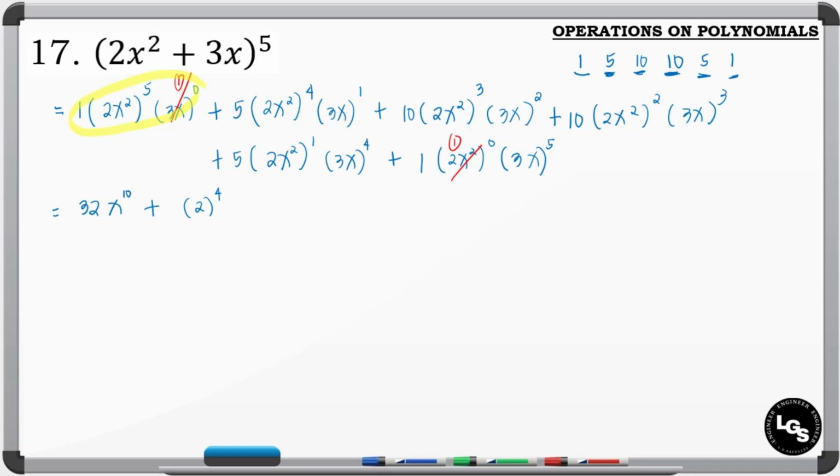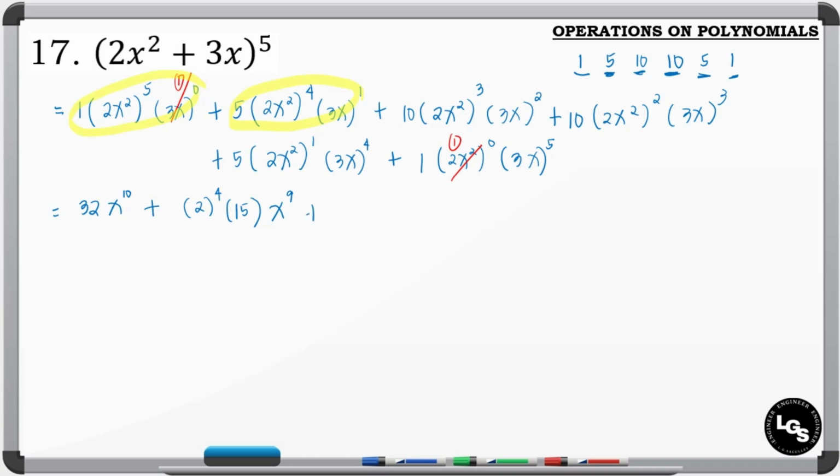So that is 15. Then for the x variable, so x squared times 4. So that is x raised to 8. Then we have here another x. So that is x raised to 9. So again, this is done.